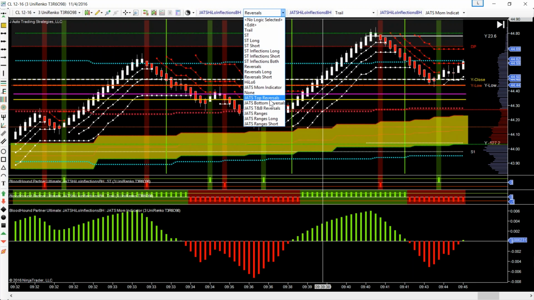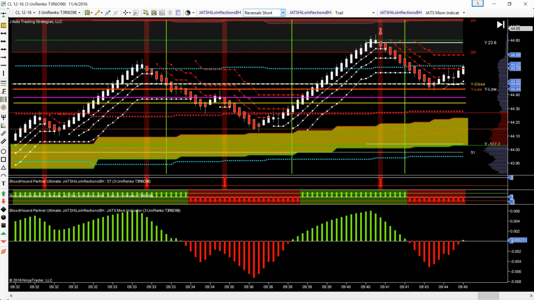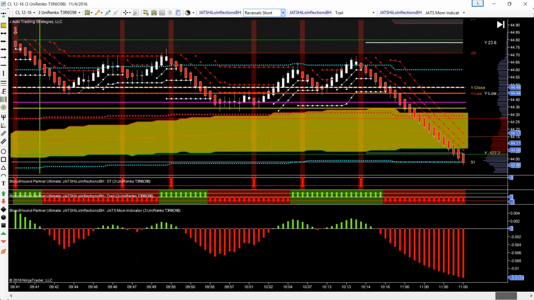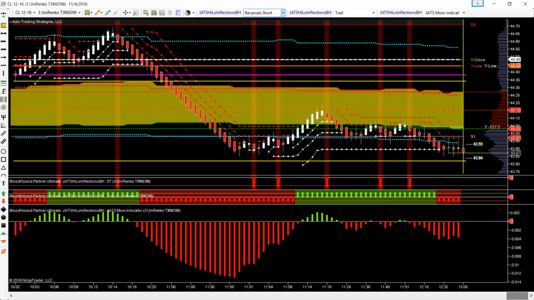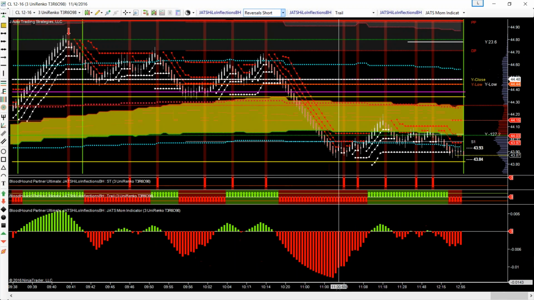But I'm only looking for the shorts. So this would have been my signal to go back short. And again, like I said, it lasted all day. It ended up, my data stopped at 13. It actually kept going to 1330, but a very successful trade off of that signal.